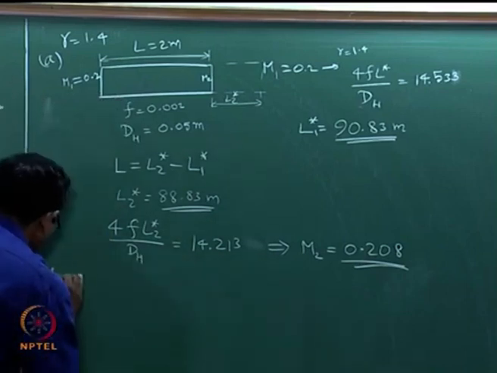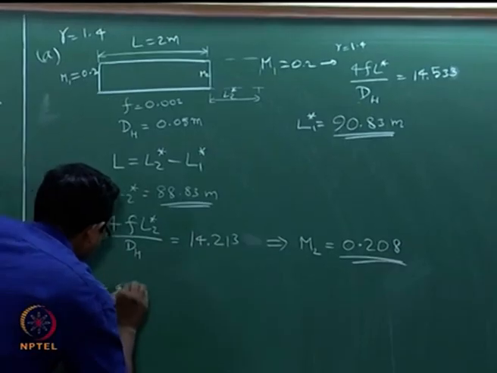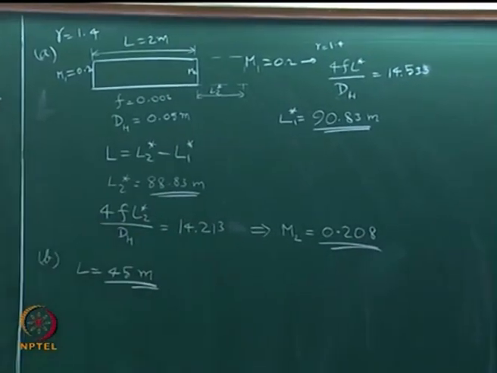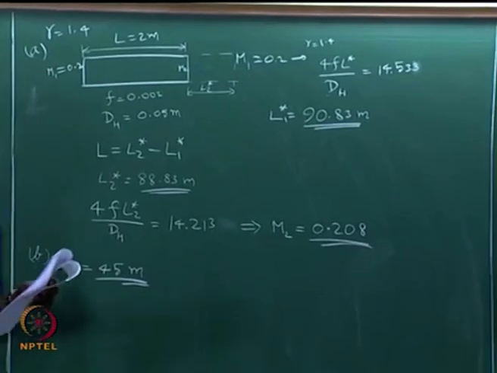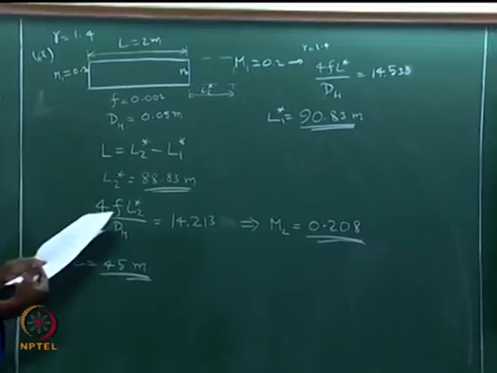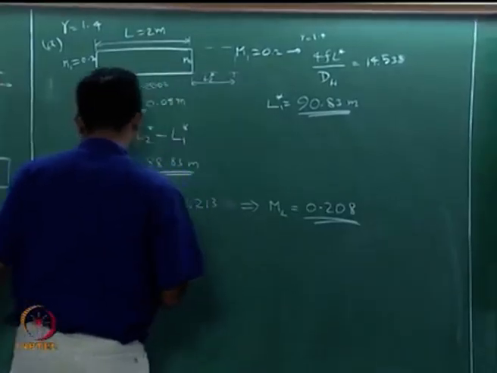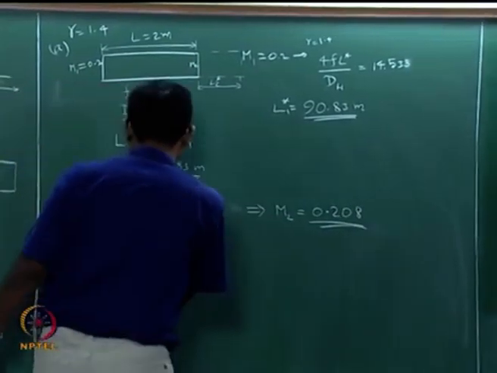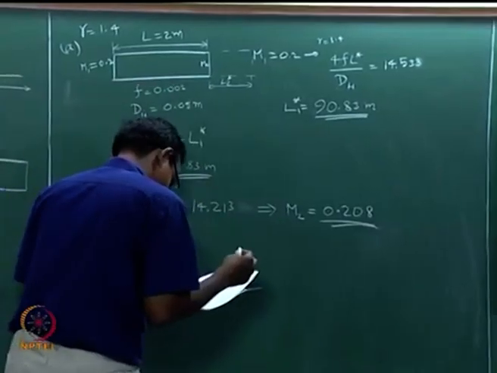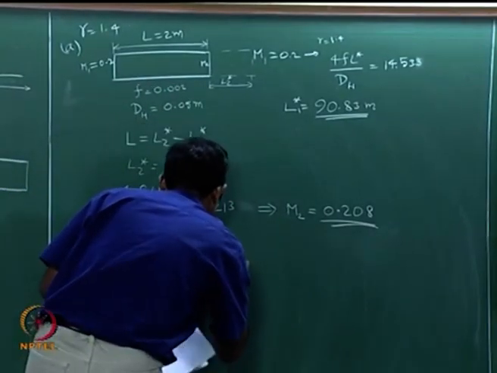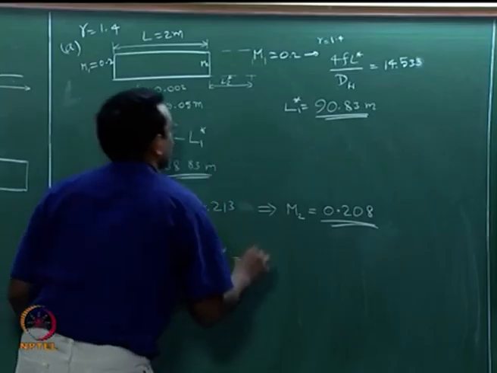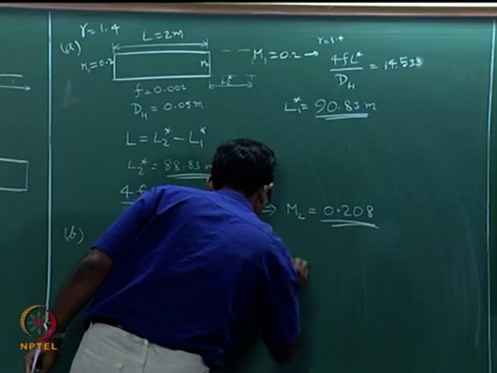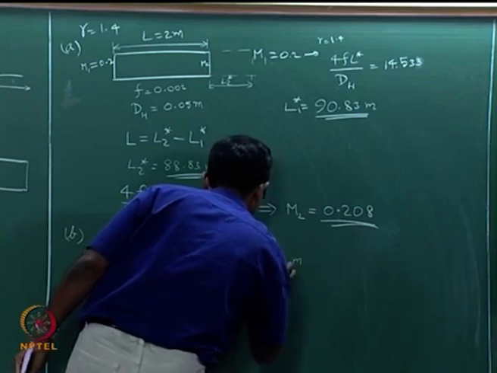Let us pick some other length, let us say L equal to 45 meters, the same problem as before. I just want to see what happens if I go roughly halfway to L1 star. Since I know the problem, I will go through the same process, nothing changes. I know that the length is less than L1 star. So L2 star is 45.83 meters.